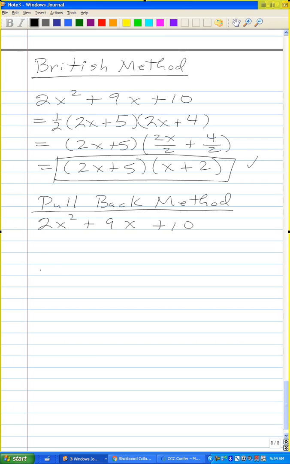And so what I'm going to do here is create a new expression, this auxiliary expression. I'm going to pull back this, and bring the 2 to the back.